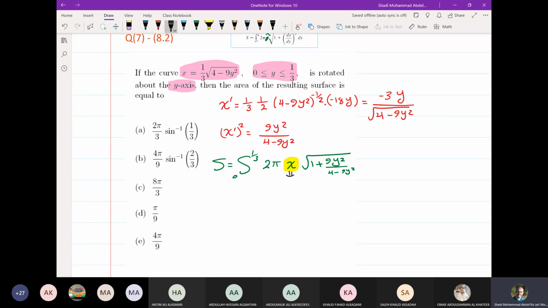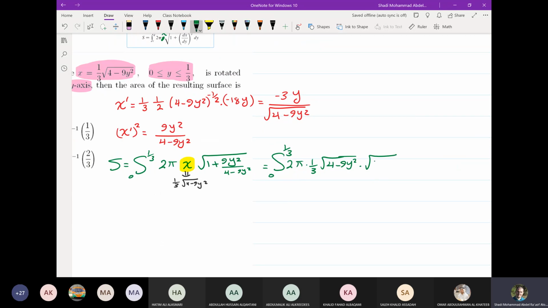So instead of x, because here I have y, I will use what? 1 over 3, this root. Exactly. So now I got you. Before I didn't understand what you meant. Okay, so it will be from 0 to 1 over 3, 2 pi times 1 over 3, root of 4 minus 9y squared multiplied by root of, not 4, 1, plus.